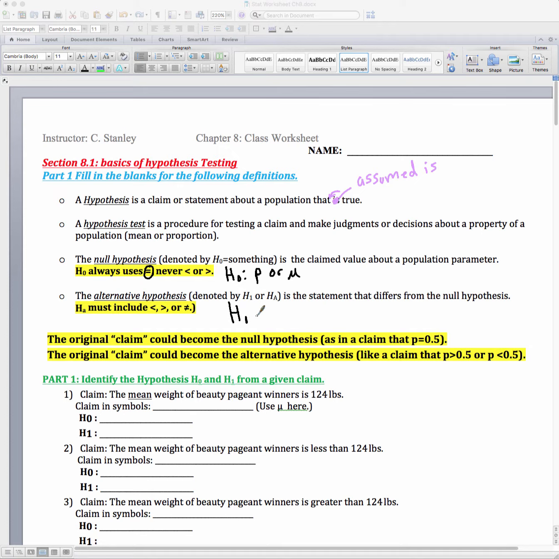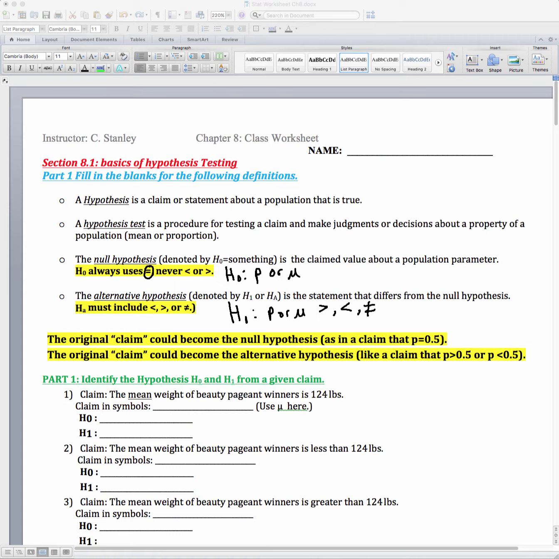Your book usually uses H1. This will also be a p or a mu, but this will be a greater than, a less than, or a not equal to. So basically when I read problems, I'm trying to figure out the direction that they gave me. And you'll see once you start doing a lot of examples. You have to see a lot of these before you can get it.